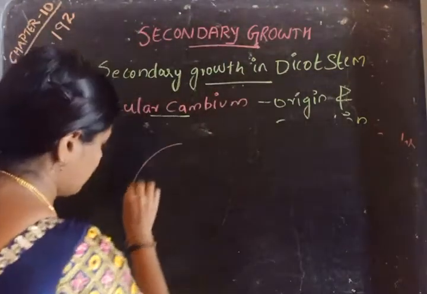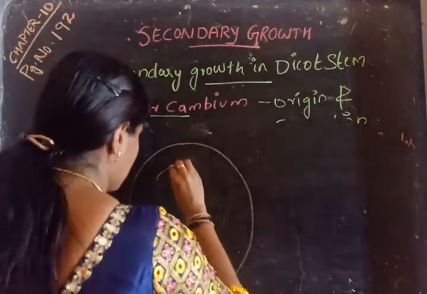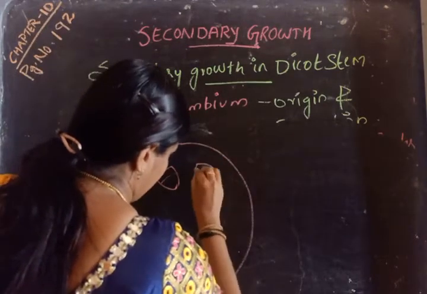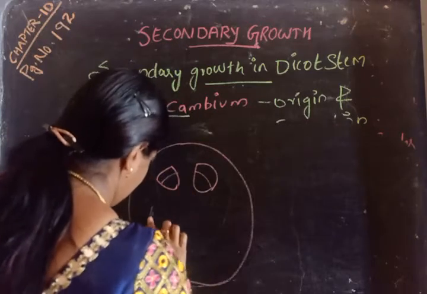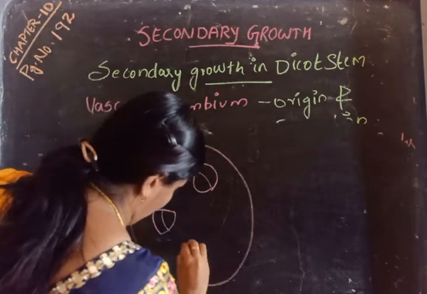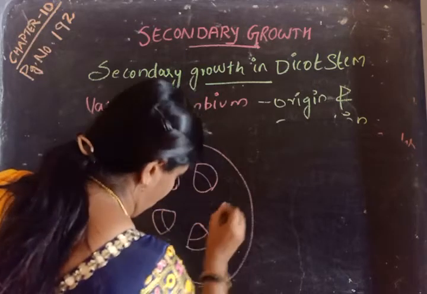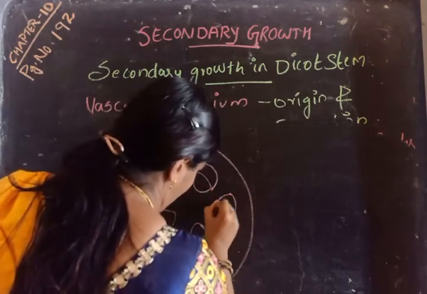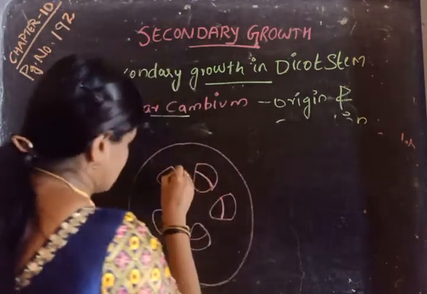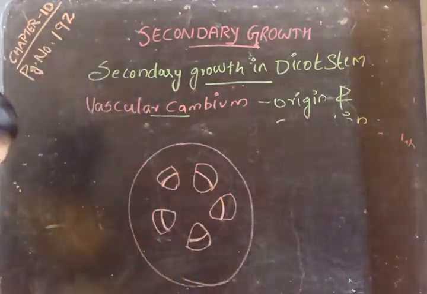this is the cross section of the stem. There are so many vascular bundles. So, these are the vascular cambium inside every vascular bundle.